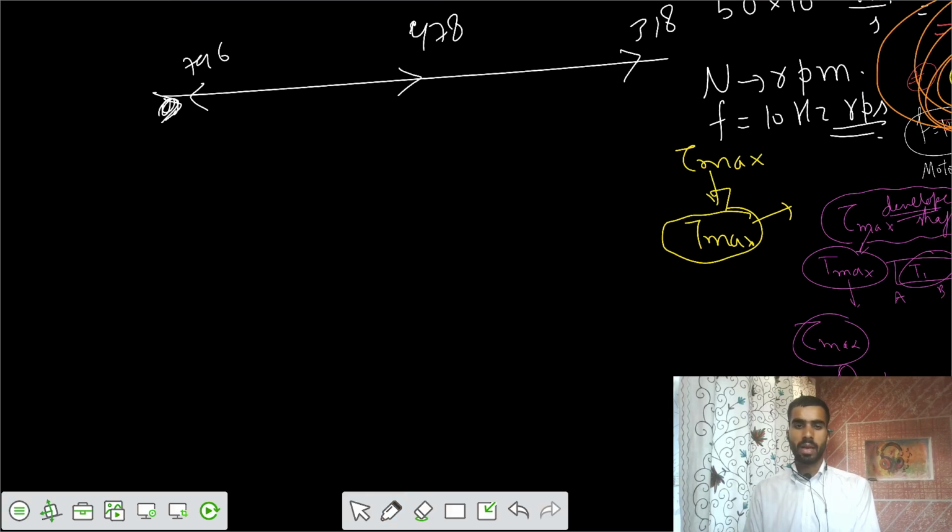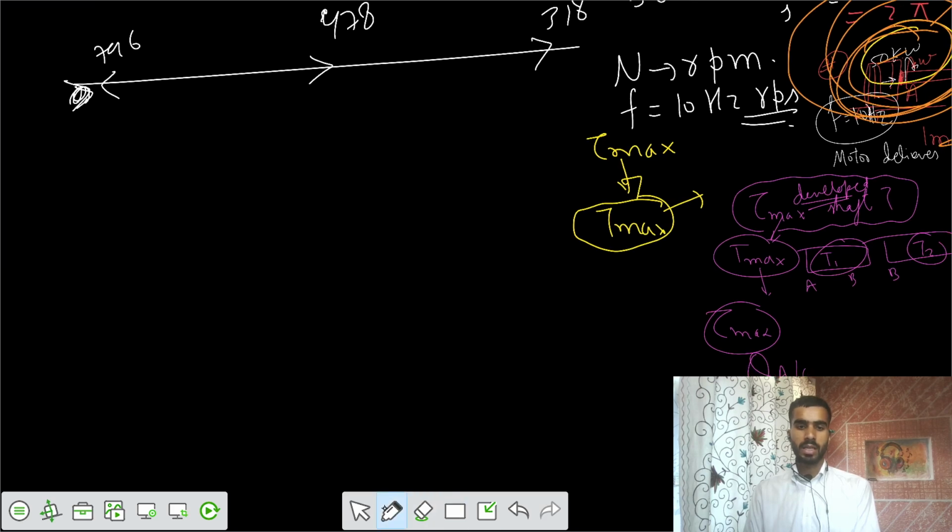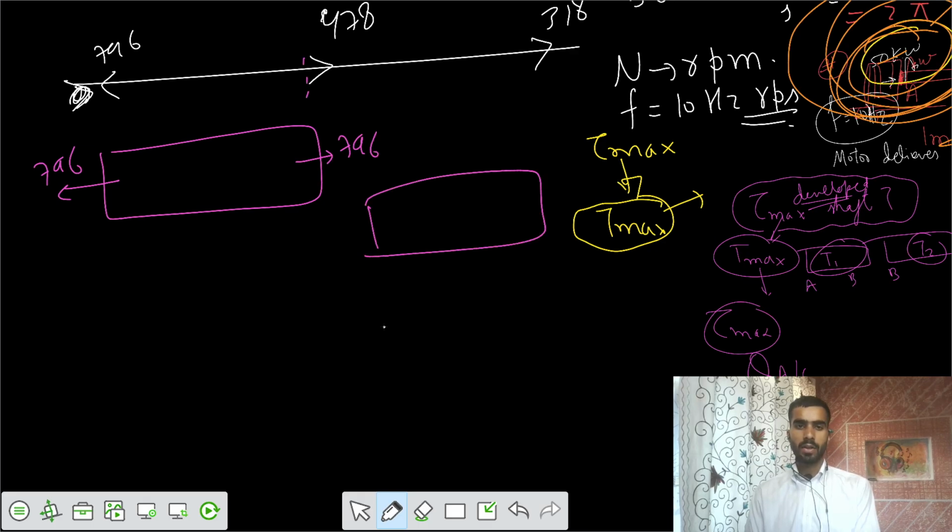If you make the TMD, firstly, if you cut those sections, you are applying 796 here, and there would be some 796 here also just before. After that, you are applying 478 in this fashion. So the net value, 318, would be the difference of the two.